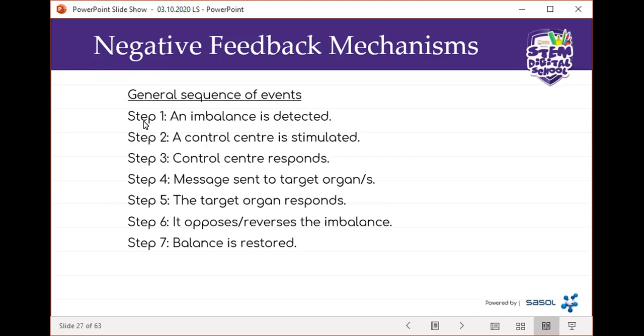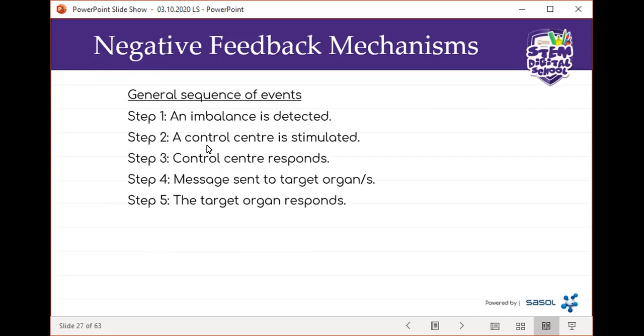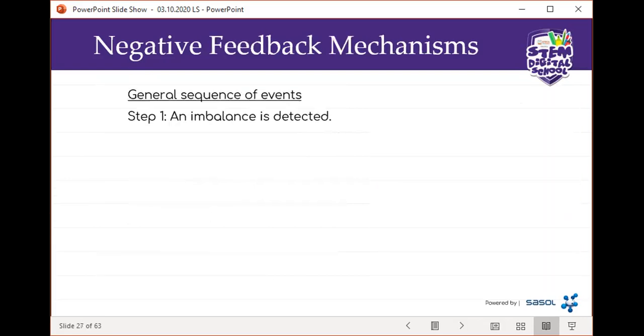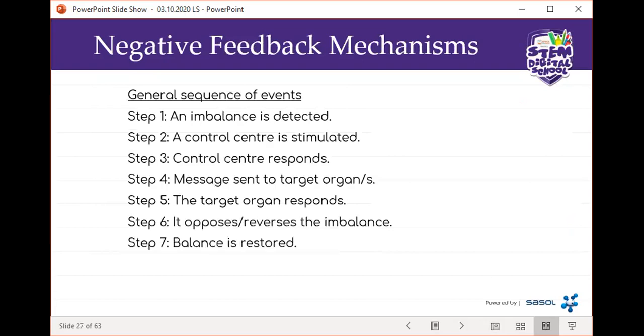Okay, so step one, imbalance is detected. Then step two to step six, this is the corrective measure that takes place. So the corrective action would be step two up until step six. So the corrective action is that the control center is stimulated.